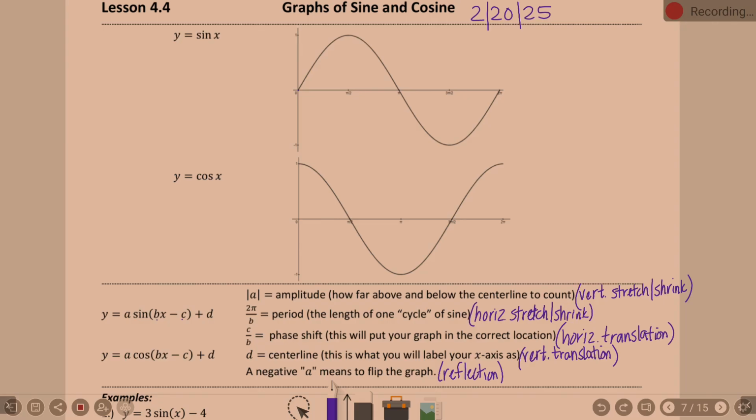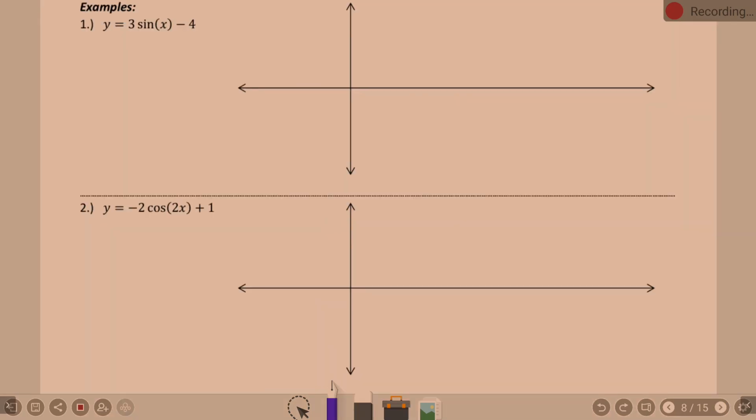Okay, let's look at the first example here. First example is keeping it very basic, okay? Y equals 3 sine of x minus 4.